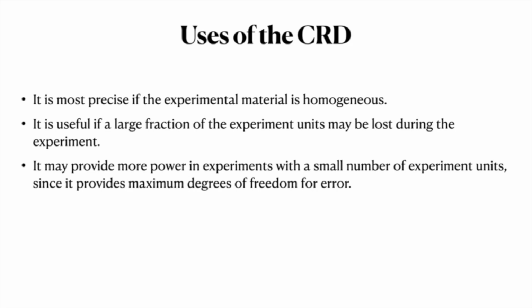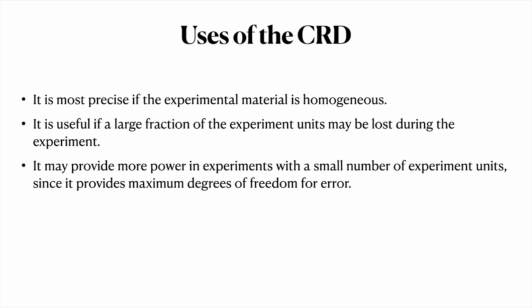The CRD is useful if a large fraction of the experimental units may be lost during the experiment, or perhaps don't respond. This can happen in the field, for example, in agricultural studies, where things can happen during the performance of an experiment over a growing season, where certain plots of ground have to be thrown out of the experiment.